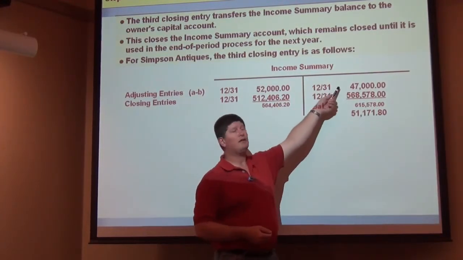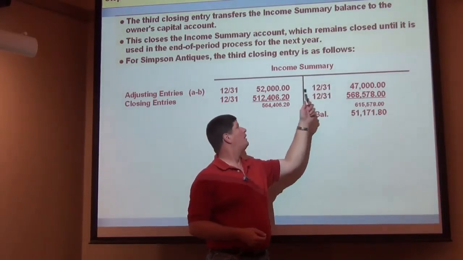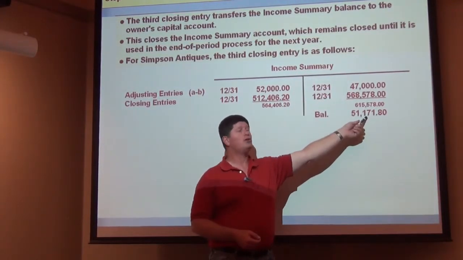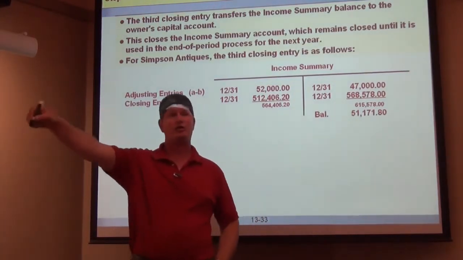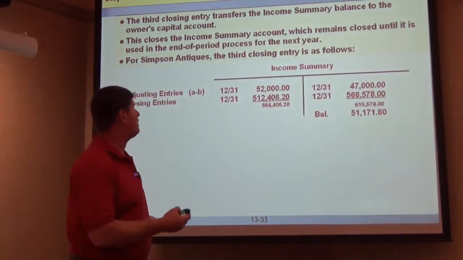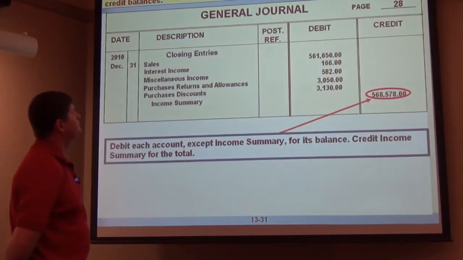So now that I've got the debits and credits for the beginning and the ending inventory in here, and I total the difference, notice that ending balance in my income summary now does match the net income from my income statement, if I can find it.